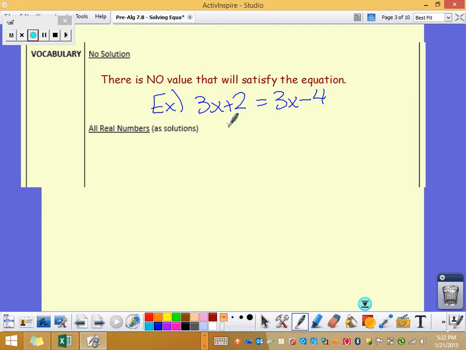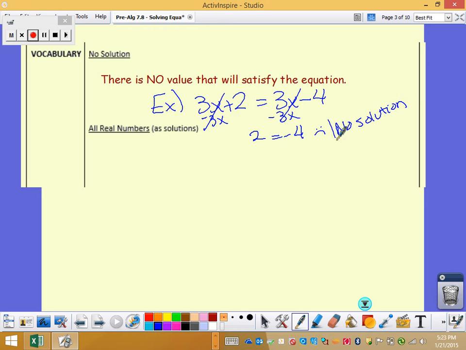So if I subtract 3x from both sides, these cancel out, those cancel out. We get 2 equals negative 4. That's not true. So there's no solution. Now I realize I might be going too quickly for you. Just remember, you can always pause me if you need more time to write.